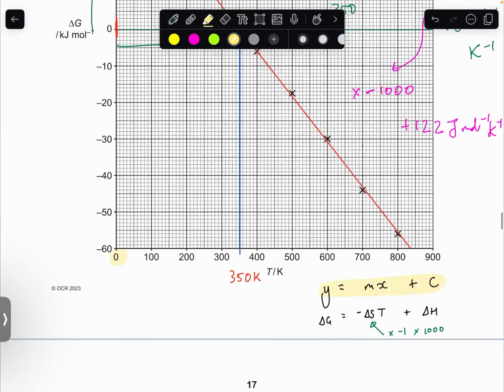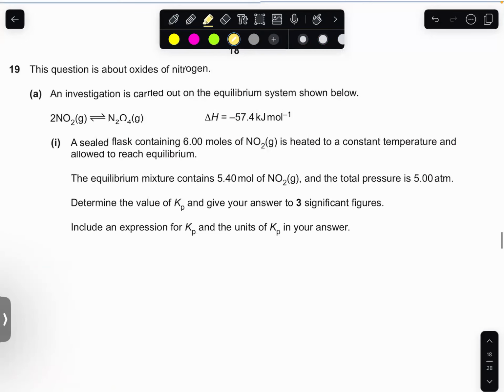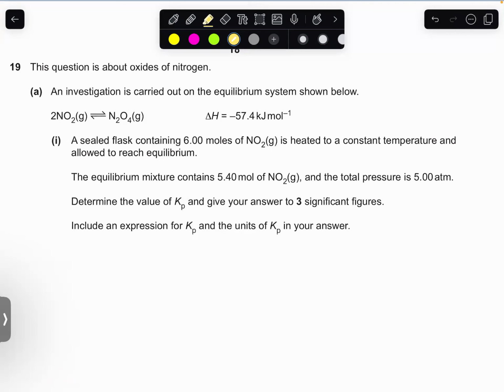Looking at question 19, this question is to do with equilibrium constant and partial pressures. So we've got our equation here. A sealed flask containing this much initial moles of NO2 is heated to a constant temperature and allowed to reach equilibrium.